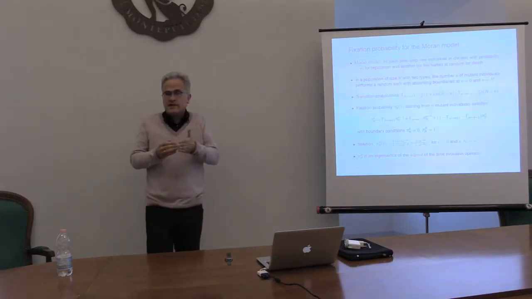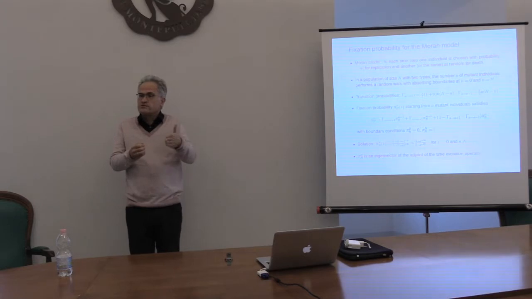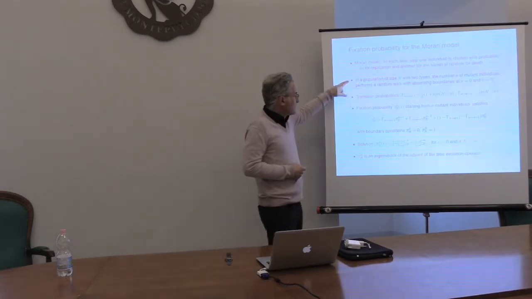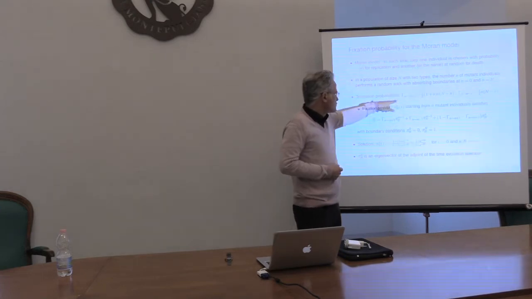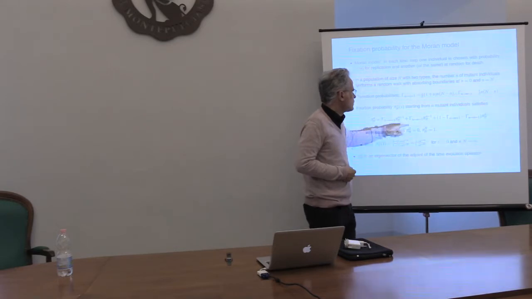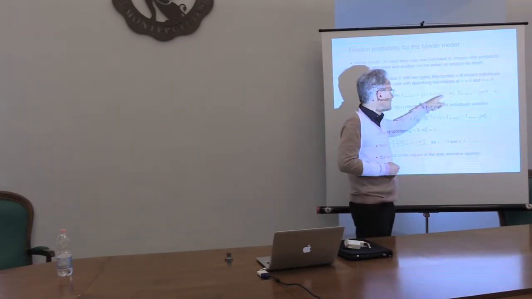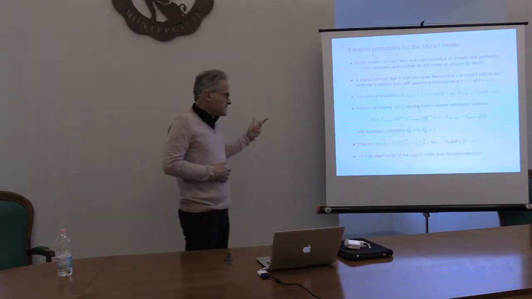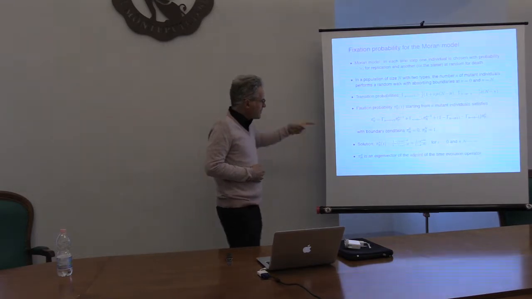This, of course, means that the number of mutants only changes by one in one time step. And so in the case of two types, the transition probabilities become much simpler, so you can only go from n to n plus 1 or from n to n minus 1. You always have this kind of logistic factor. And then you can easily compute the fixation probability.